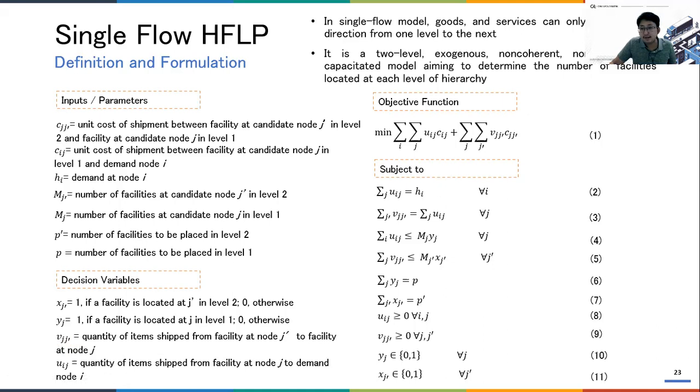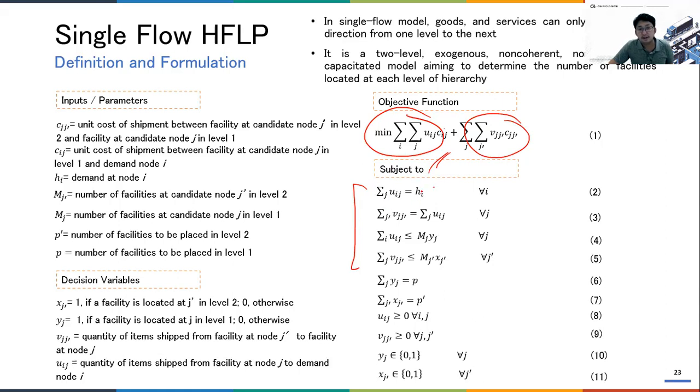And the objective is to minimize the total cost of transferring from customer to facility level 1 and then from facility level 1 to facility level 2. And basically this is a modification of median problems. No, this is a flow-based model.